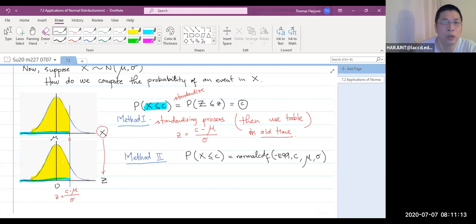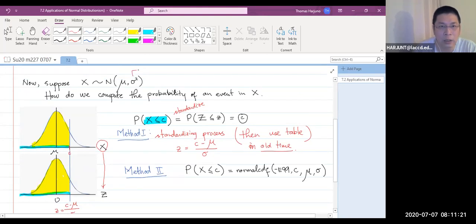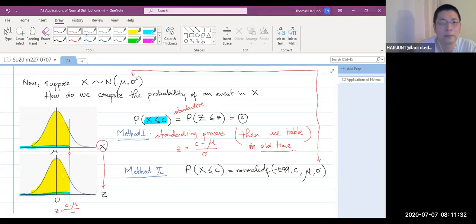What I need you to be aware of is that in the notation for normal distribution, the last parameter is the variance, while when you use the calculator, the last parameter is the standard deviation. They are not the same.